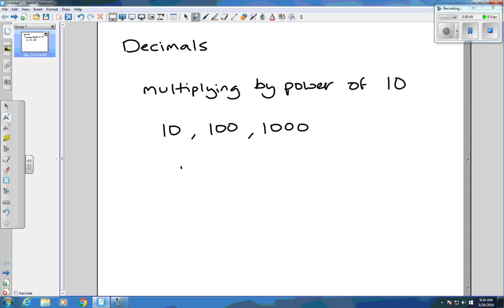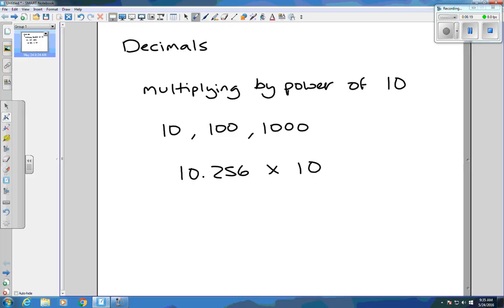For instance, if it gives you the example 10.256, and it wants you to multiply by the power of 10, multiply by 10, you could easily take your calculator out and multiply by 10. There is a little trick when you're multiplying by the power of 10. Instead of using your calculator, all you need to do is move the decimal point to the right the number of zeros in the power of 10.